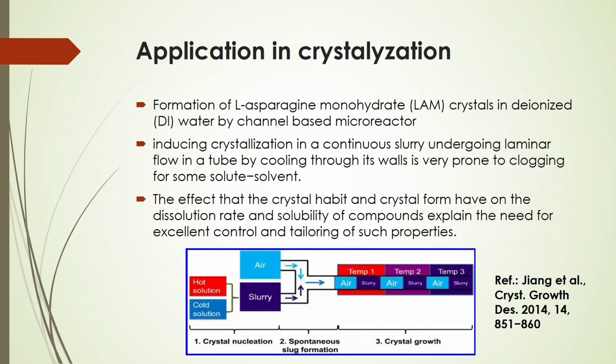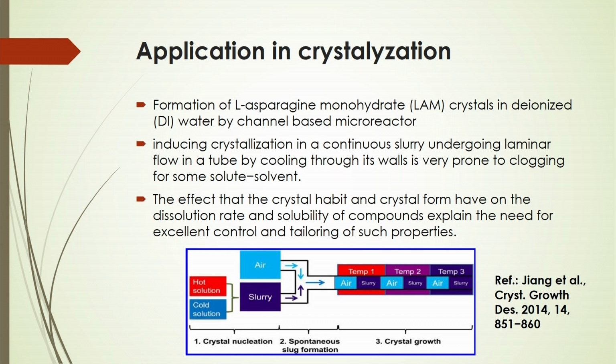2011. You can apply crystallization also in a microchannel based reactor. As per Jiang et al., in 2014 they reported the formation of L-asparagine monohydrate crystals in deionized water by a channel based microreactor.